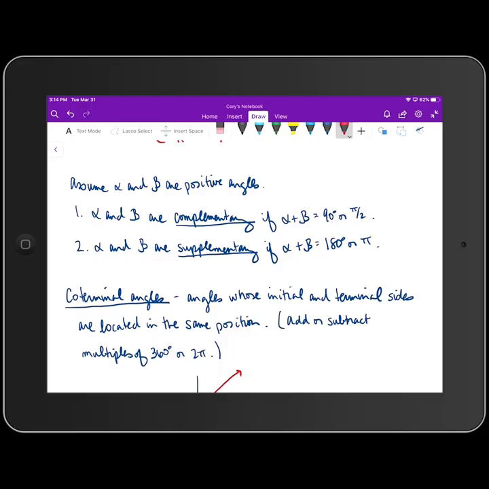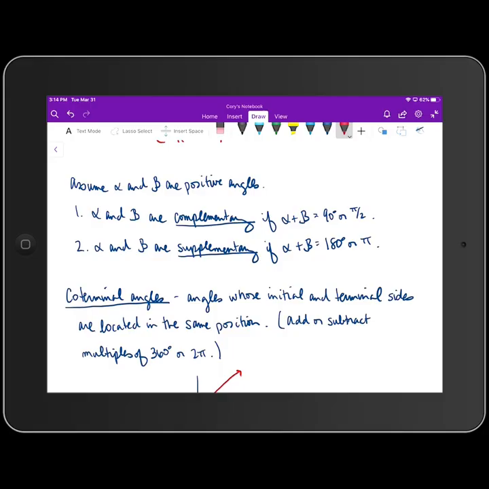We're going to assume that alpha and beta are positive angles. Statement number 1 says that alpha and beta are complementary. Those two angles are complementary if the measure of angle alpha plus the measure of angle beta is equal to 90 degrees. And if I multiply 90 degrees by pi over 180, that's going to become pi over 2 radians.